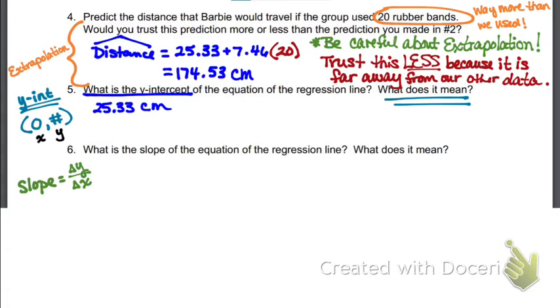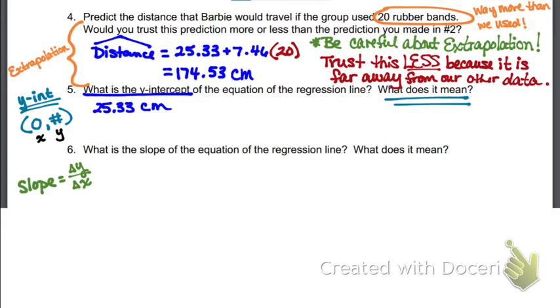Yes. So we want to write this out in sentence form. Whenever they ask us what does it mean or explain, we want to make sure that we're writing this out in sentence form. So I would say, very specifically, is that the observed value with 0 rubber bands? What did the table say for 0 rubber bands? 25.